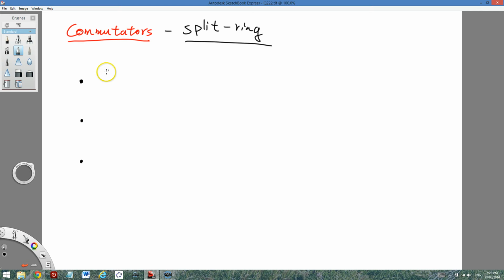In the exam, you need to mention that the commutator ensures that the direction of current on the left hand side and the direction of current on the right hand side doesn't change.